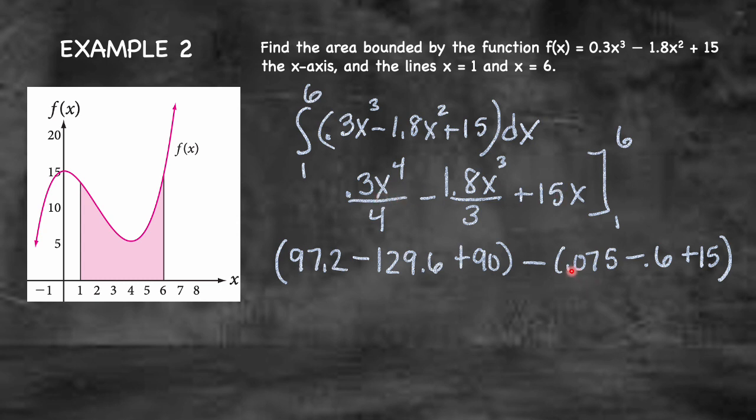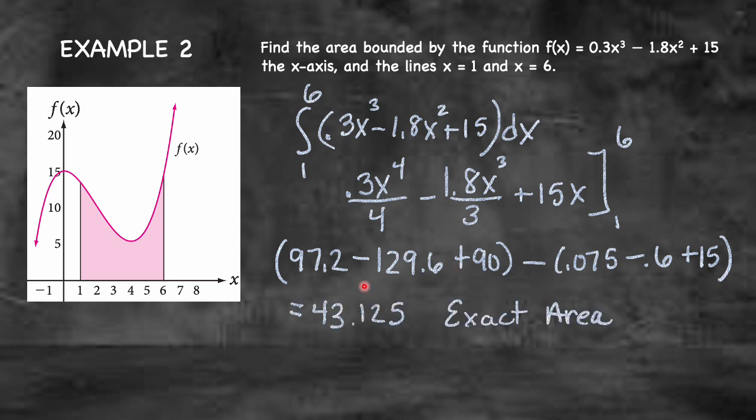So we're going to get 0.075 minus 0.6 plus 15. Don't forget that when you're subtracting the second evaluation for that lower limit, that subtraction applies to every term in that function if you have more than one term. So it's really important that you put parentheses around that to remind yourself that you have to distribute that negative.